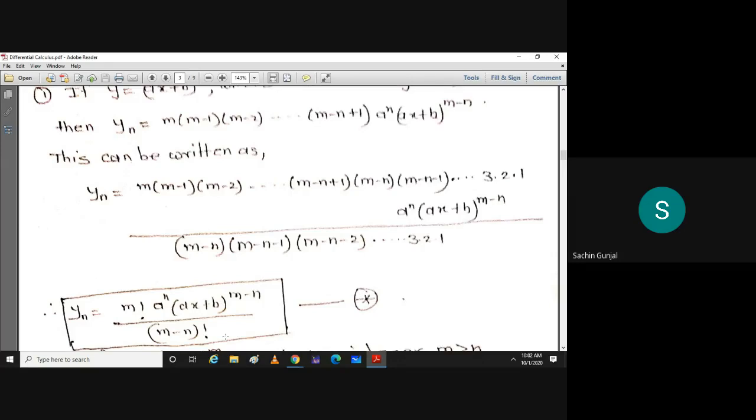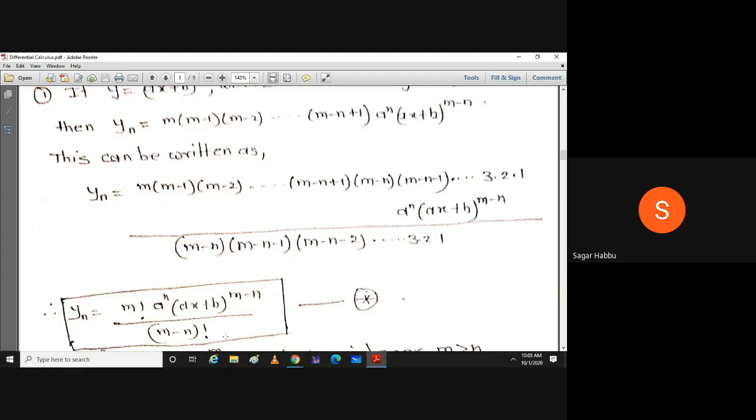And then you can simplify that number. Sir, what will happen if we take a minus common out and write the equation as 2x minus 3 whole power 44? Then you will have to take minus 1 raised to that power common, because minus 2 will come again and again.